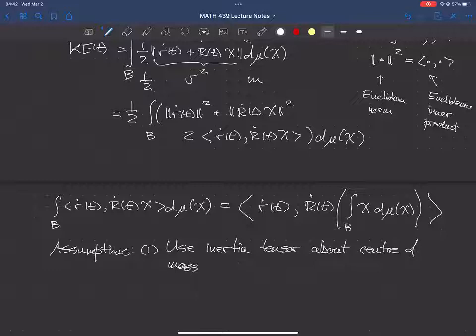Okay, so you can take inertia tensors about any point, including points having nothing to do with the body. But it's going to be convenient here to use the inertia tensor about the center of mass. Okay, and then the other assumption we're going to make now is we're going to put the origin of the body frame, so the body origin, at the center of mass.